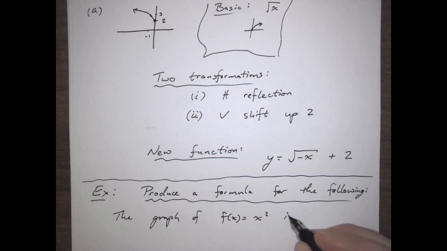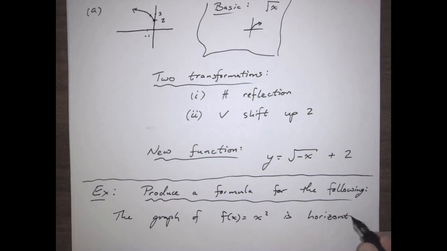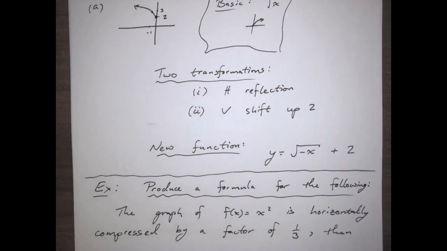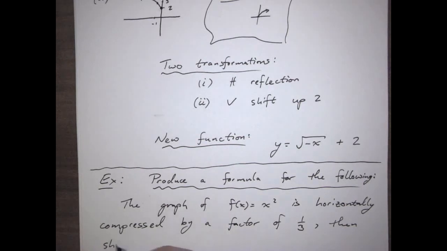equals x squared is horizontally compressed by a factor of 1/3, then shifted left 2 units and down 1.